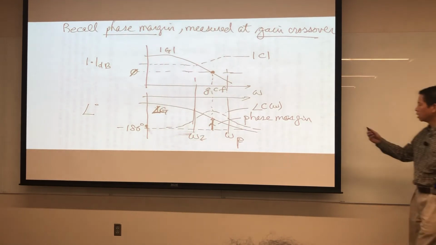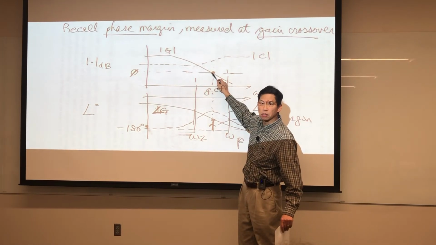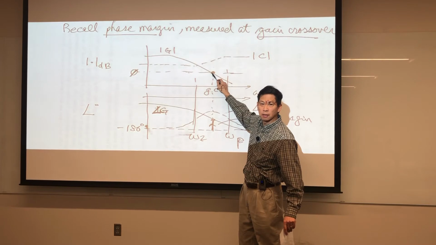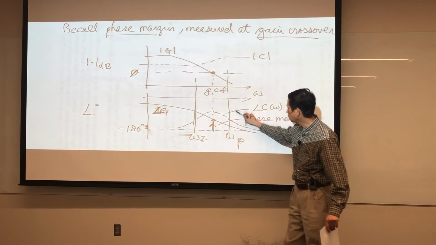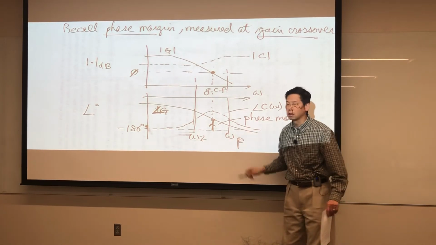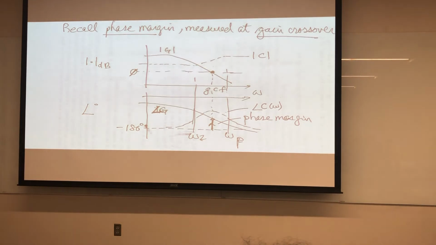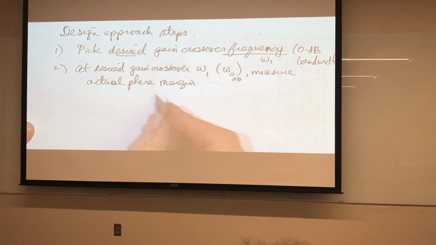So here's the frequency response of the system. Here's 0 dB. Here's the gain crossover frequency. And you say, no, I want the system to respond a little bit faster. This is my desired gain crossover. I come down here and I measure my margin. Okay, the margin at the desired gain crossover. So look at the actual phase margin.